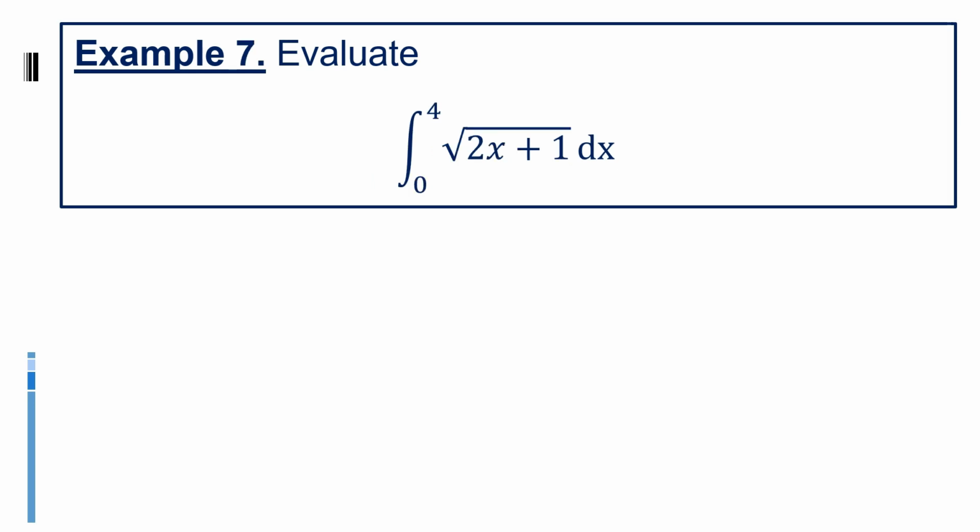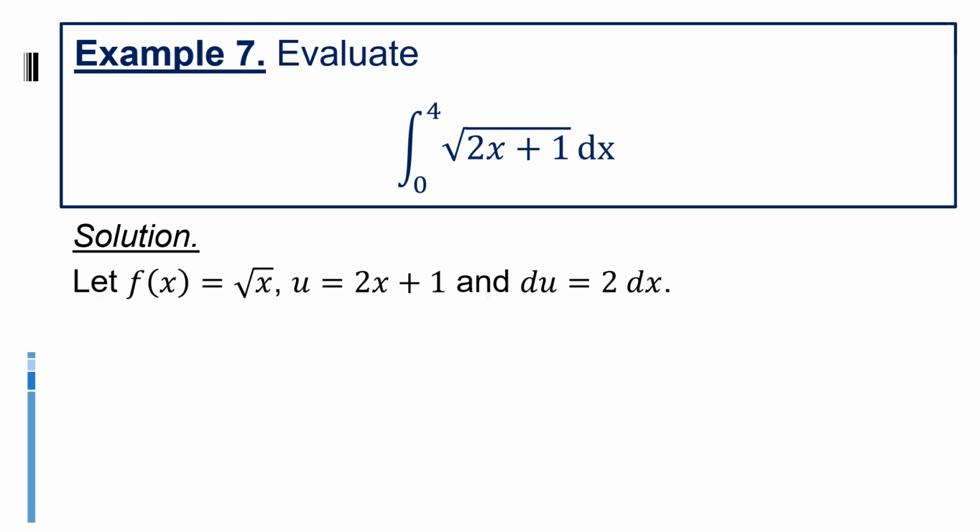Now, let's evaluate the integral from 0 to 4 of the square root of 2x plus 1 dx. So, in this case naman, meron na siyang values. So, definite integral. For our solution, same pa rin nung kanina, we let f of x be equal to the square root of x and u be equal to 2x plus 1 with the derivative du equals 2 dx.